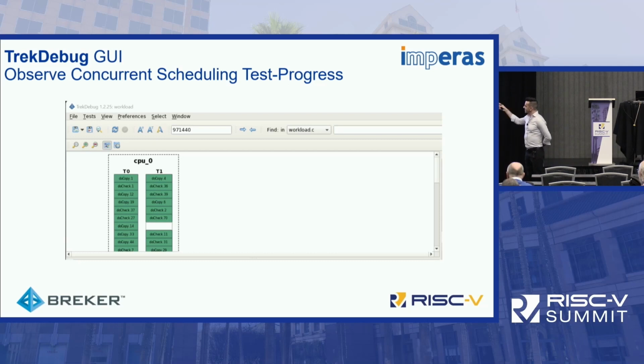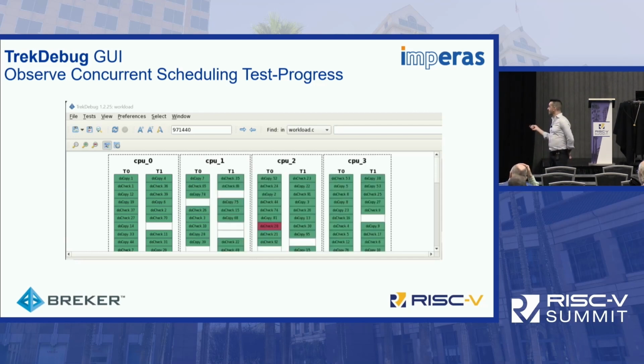Now, the Breker TrekDebug, the GUI, will give you an idea of the scenario and how this scenario displays on the different threads that your RISC-V is running. And you can use it with one CPU, you can use it with multiple CPUs.